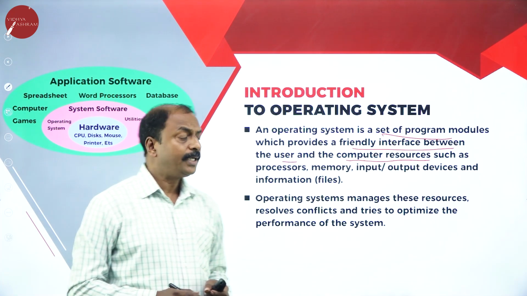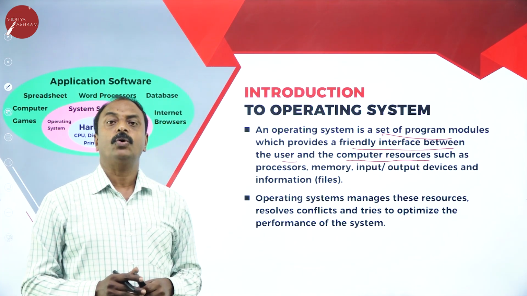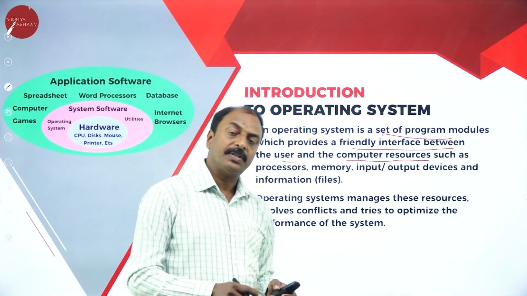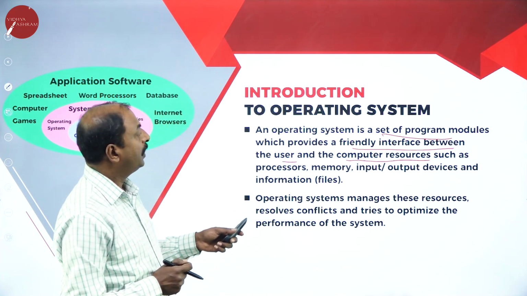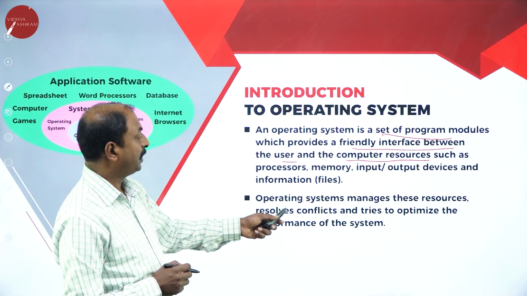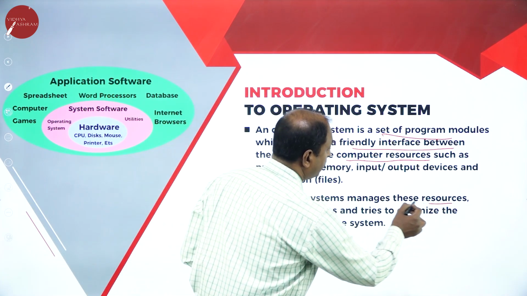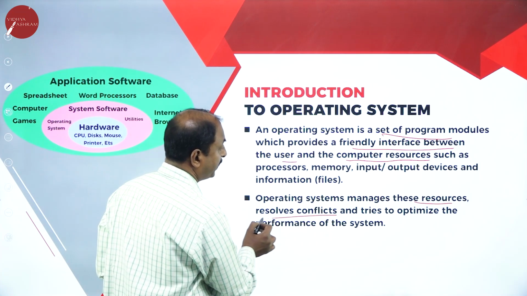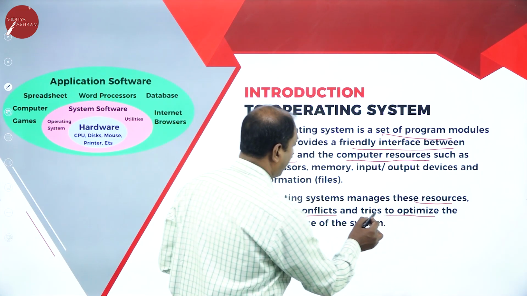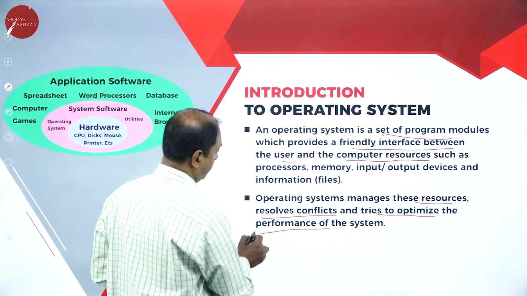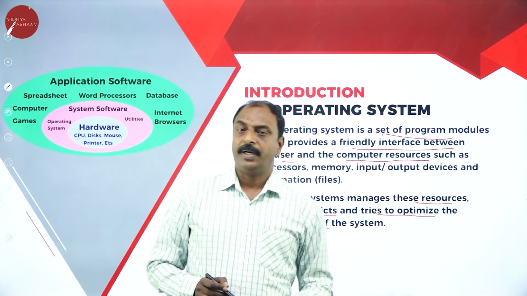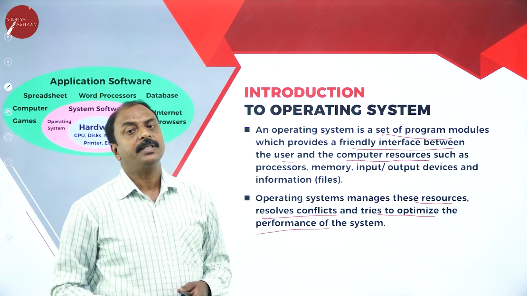Interface is nothing but a communication aid that helps us communicate with the computer system. The operating system manages these resources, resolves the conflicts, and tries to optimize the performance of the system.